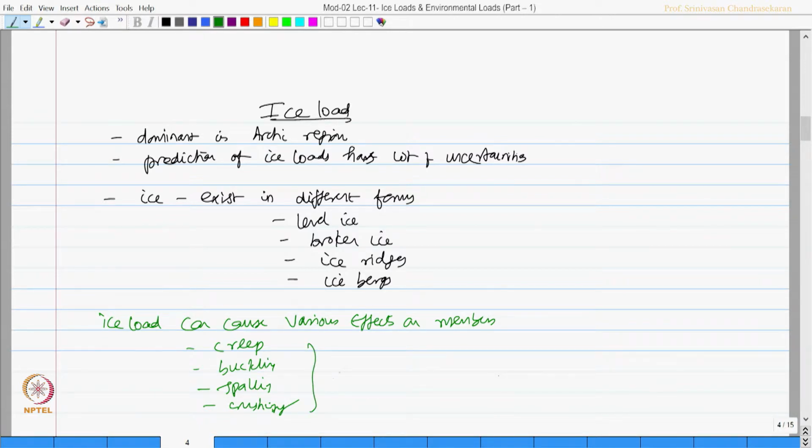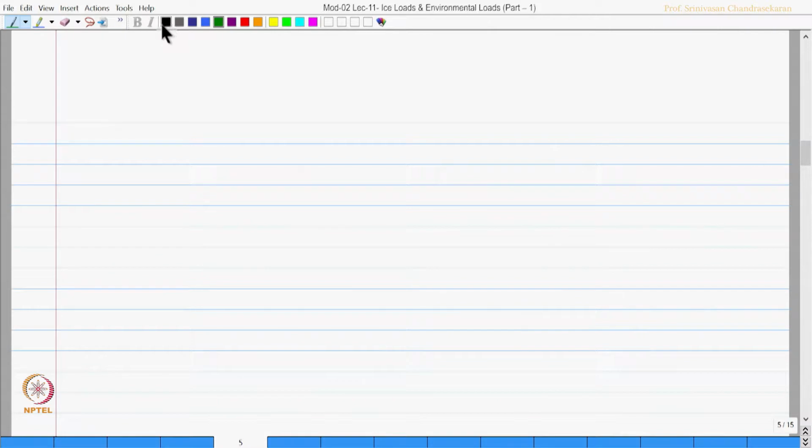These are all different kinds of failures which can be caused by ice on members. More interestingly, ice loads also vary both in space and time.